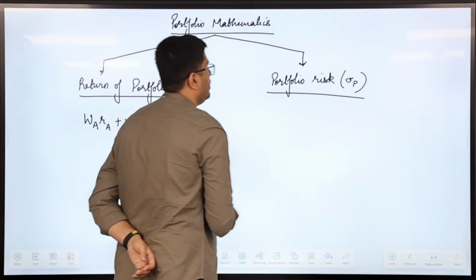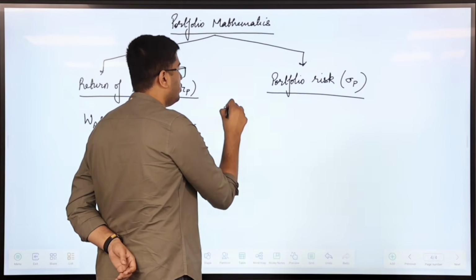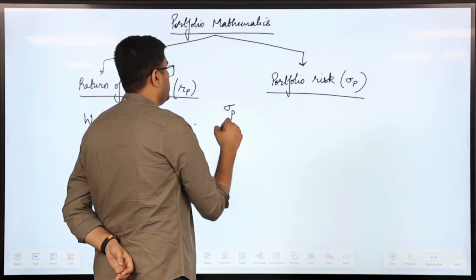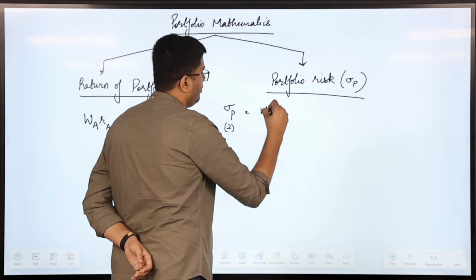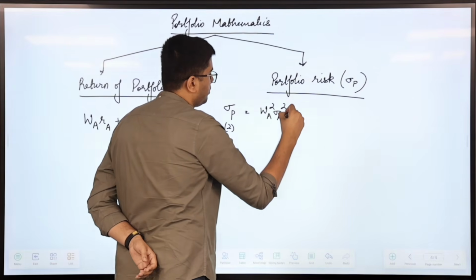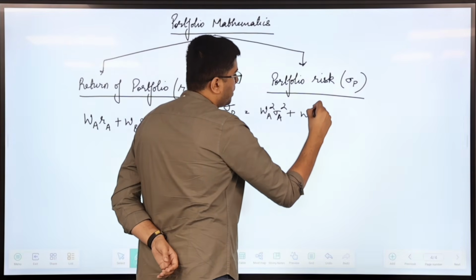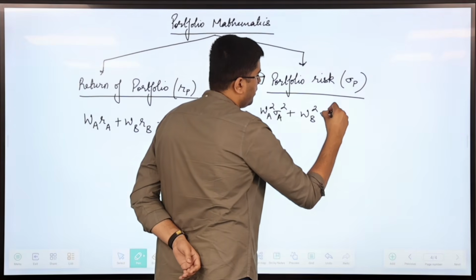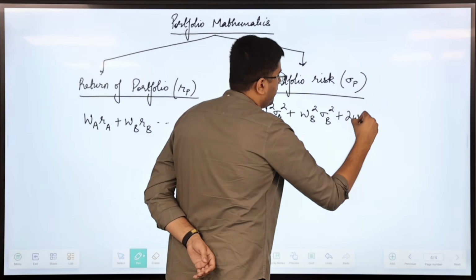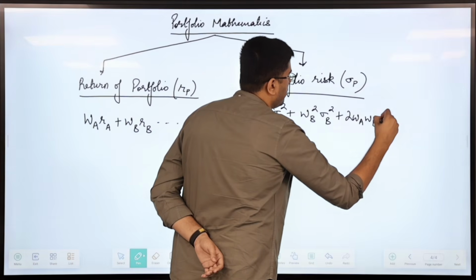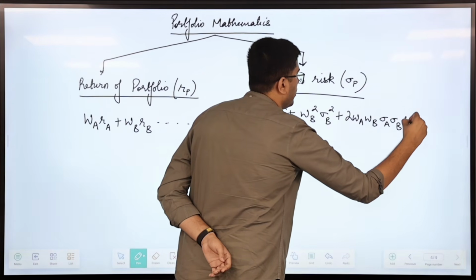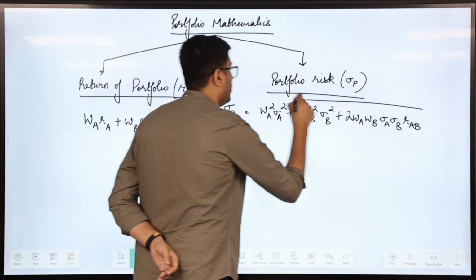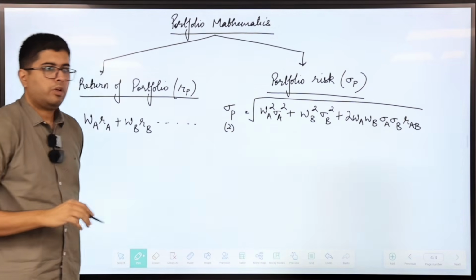For this, if you have a two security portfolio, then it is weight of A square, risk of A square, and so on, whole root.